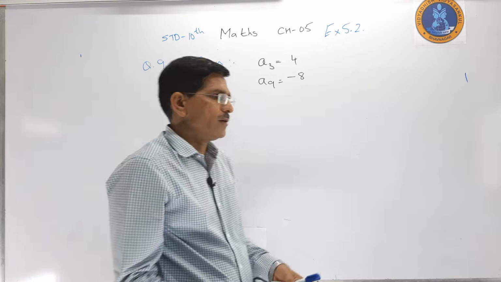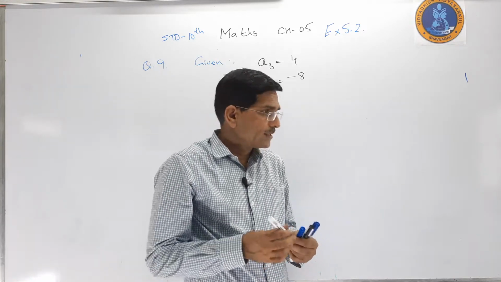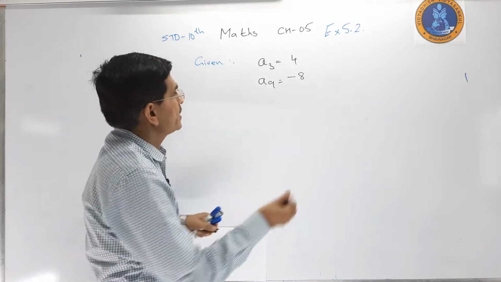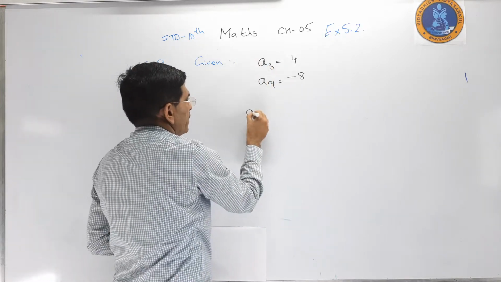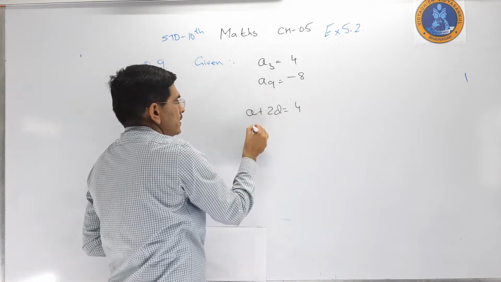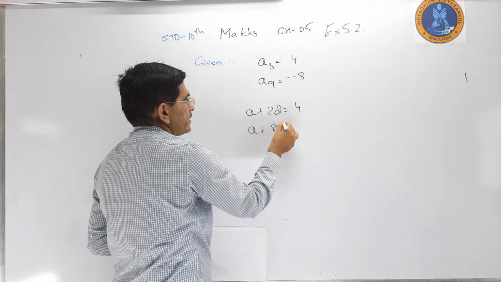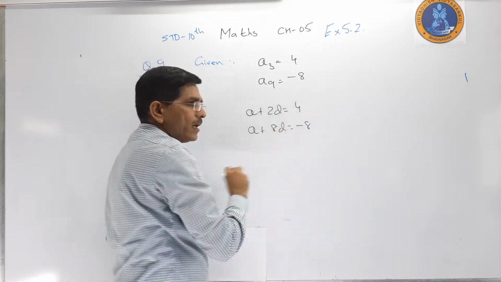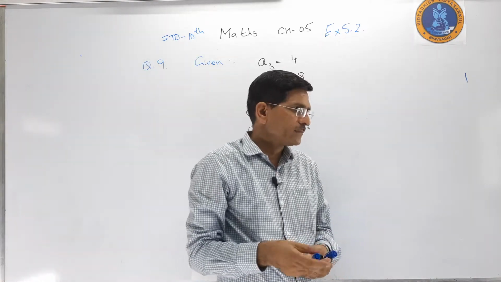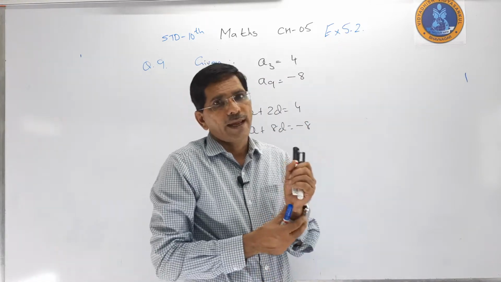So first, what we have to do? A3 means A plus 2D is equal to 4. A9 is A plus 8D is equal to minus 8. By using this we can find out A and D.